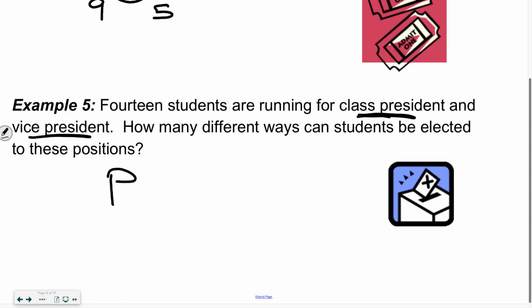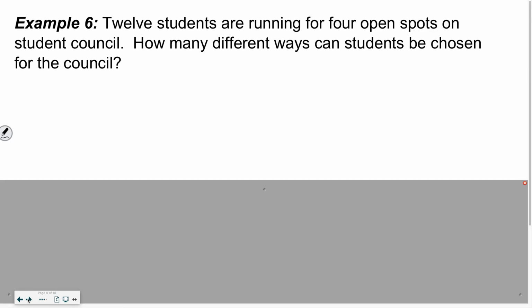Wouldn't you rather be president than vice president? You like to boss people around? Me too. Okay, permutation of 14 people picked 2 at a time. So that'd be just like 14 times 13. You wouldn't have to write that out as a permutation. You could say there's 14 ways to get the president, and then once we choose the president, there's only 13 choices left. Okay, all right, moving right along.